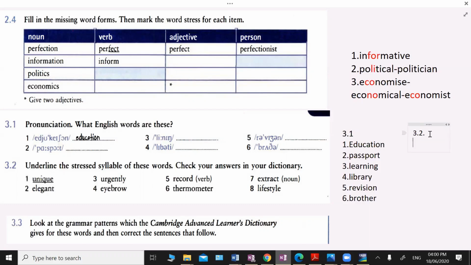I will say the word elegant, elegant. Okay. So can you tell me where is the stress? Elegant.